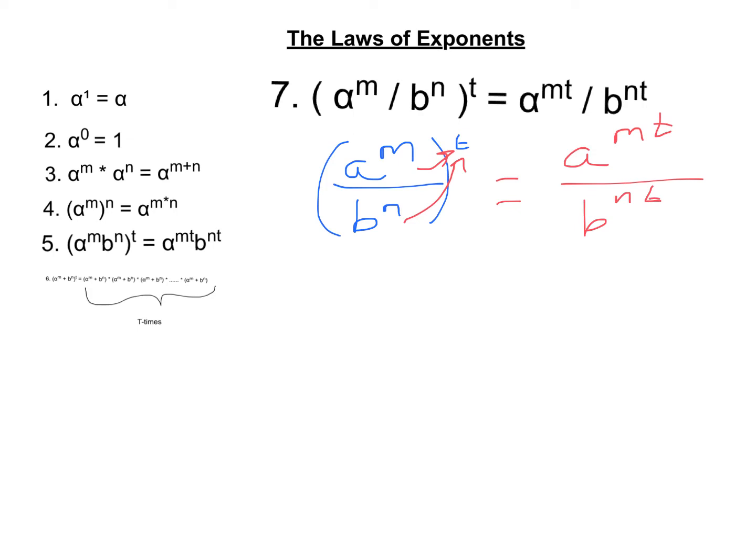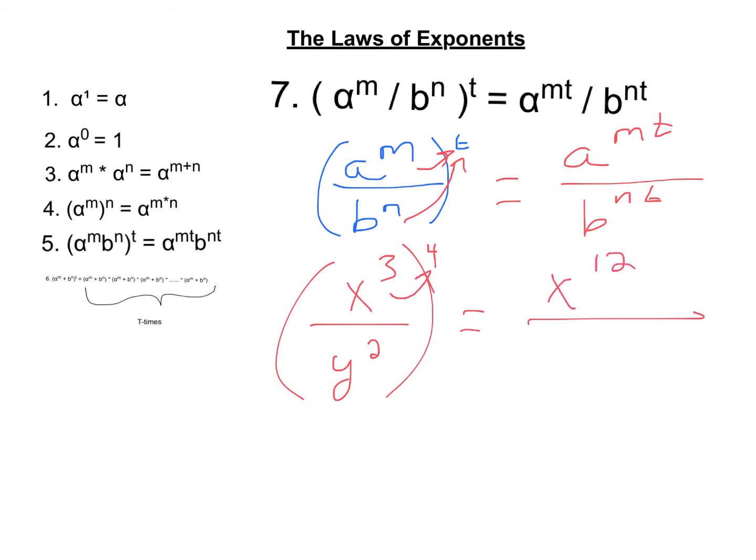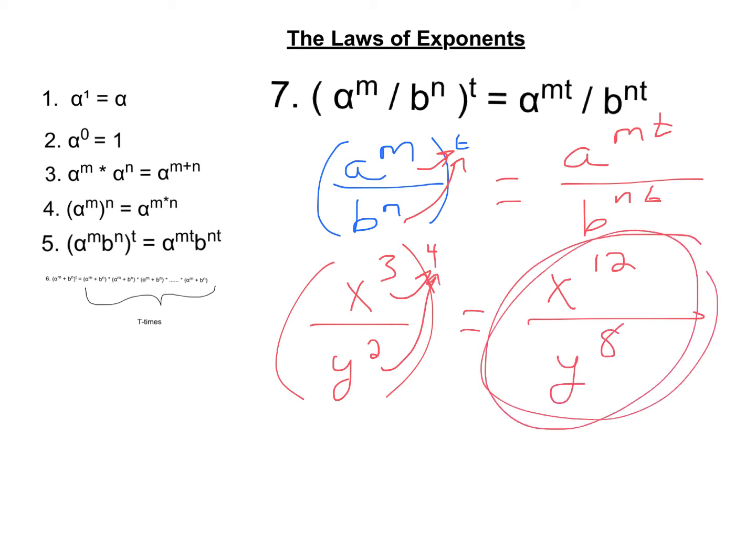Or let's say I have x cubed all over y squared being raised to the 4th power. Now applying our rules, this will be x to the 12th. Y squared to the 4th is y to the 8th. Pretty easy.